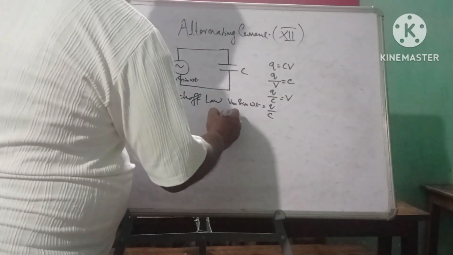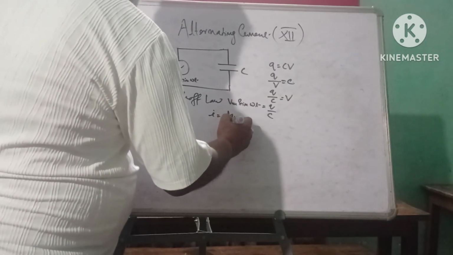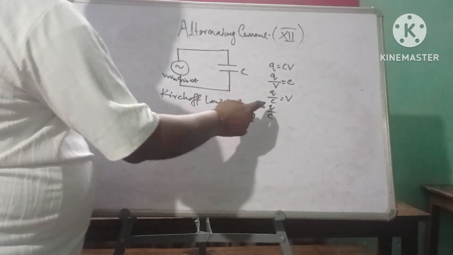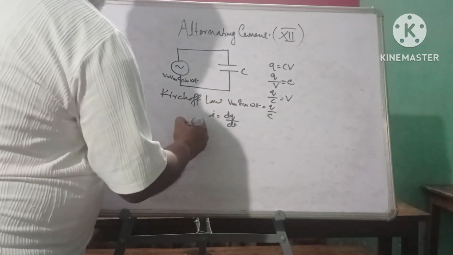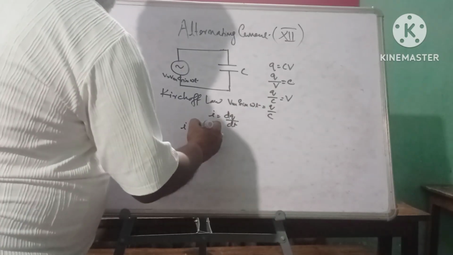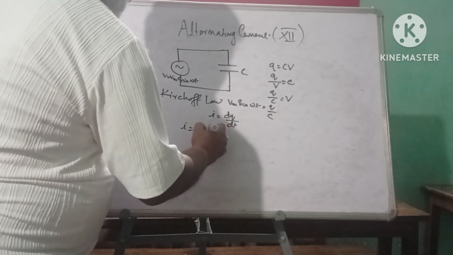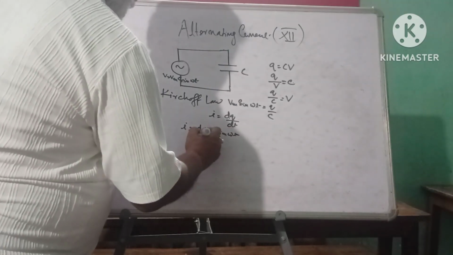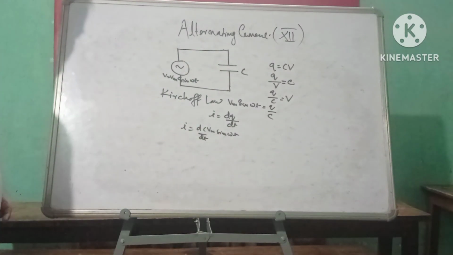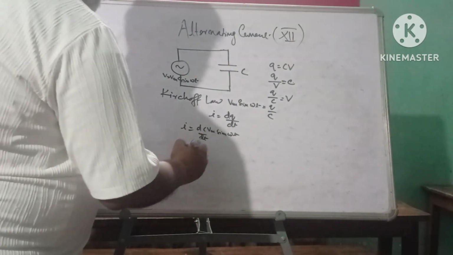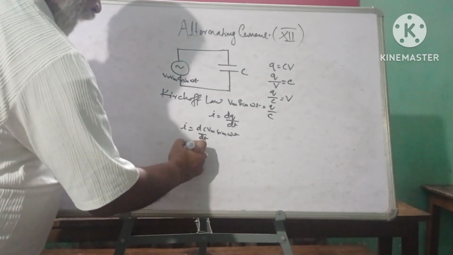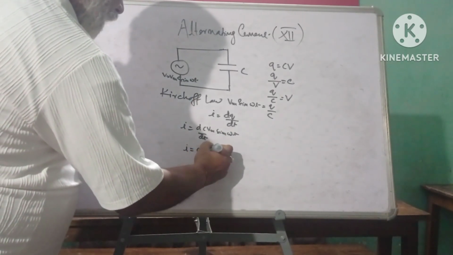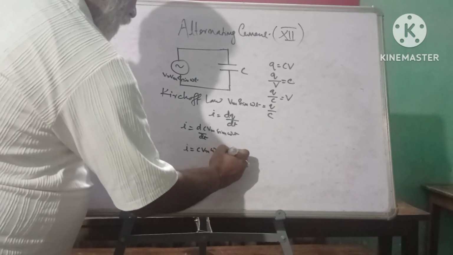Your current I is equal to dq by dt. So from here Q is equal to C Vm sin omega t, and when you differentiate it, you get I is equal to C Vm omega cos omega t.